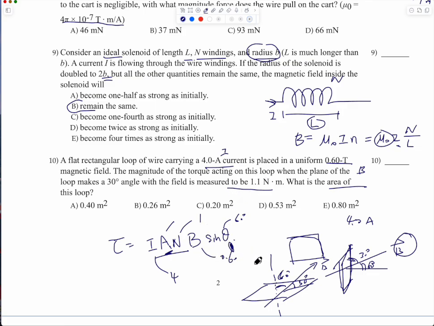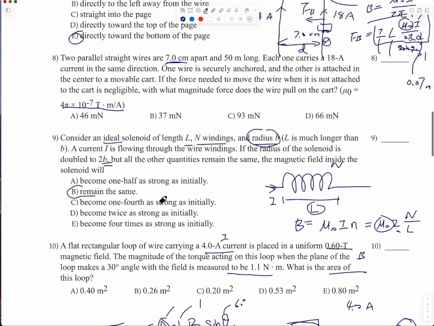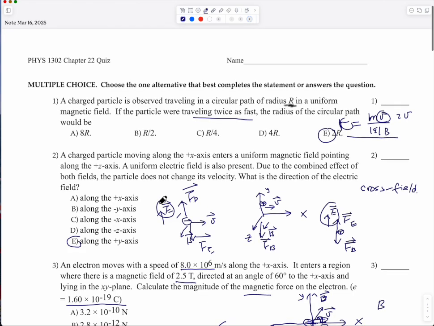The torque here is 1.1 newton meter. And theta is 60. You're looking for A. Plug into this equation and you can figure this out. Okay, so this is the solution for the chapter 22 quiz.